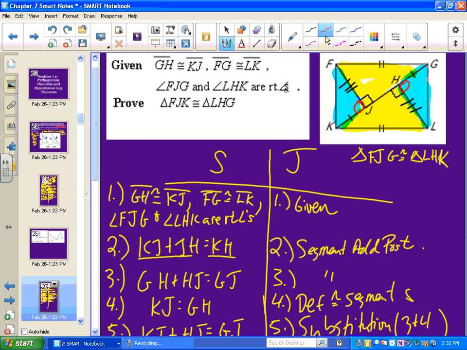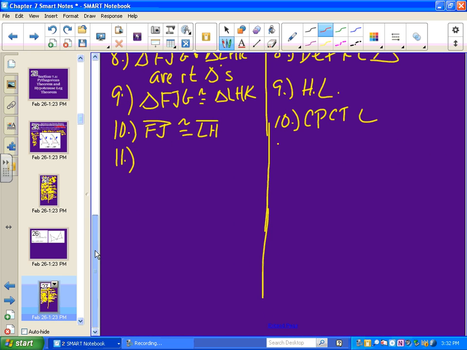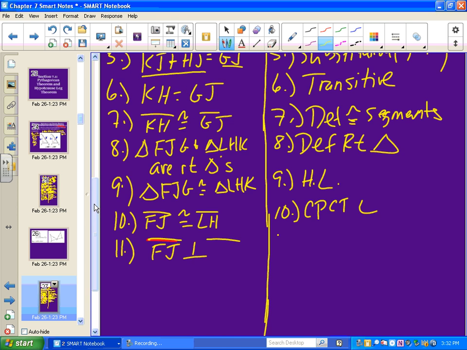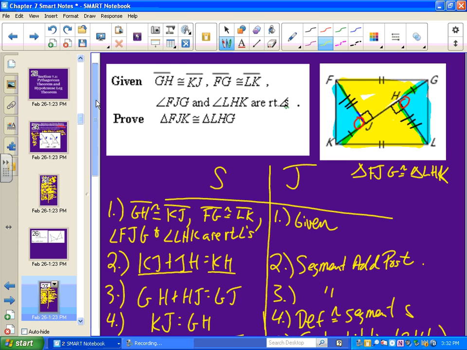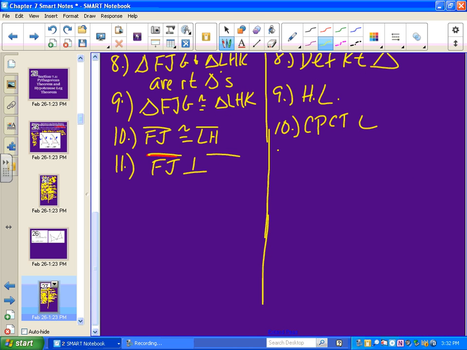Remember, definitions work forwards and backwards. So perpendicular lines form right angles, and right angles form perpendicular lines. So FJ is perpendicular to KG. Definition, perpendicular lines.